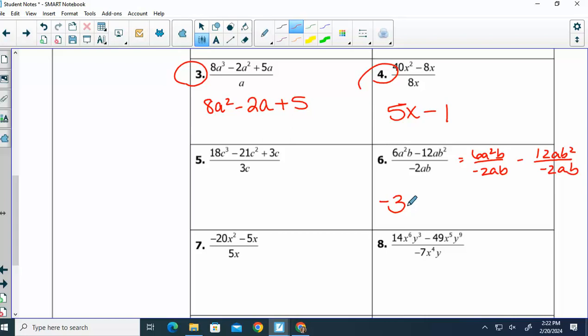A squared over a is a, and what happens with those b's? Okay, what about the next term? It'll be a 6 because it's minus and then a negative, that becomes a positive. 6, the a's drop, and a b is left.